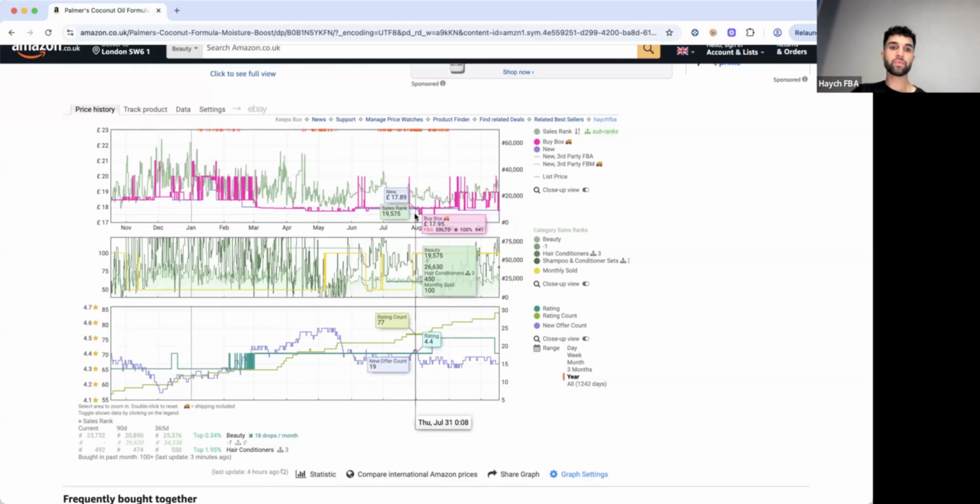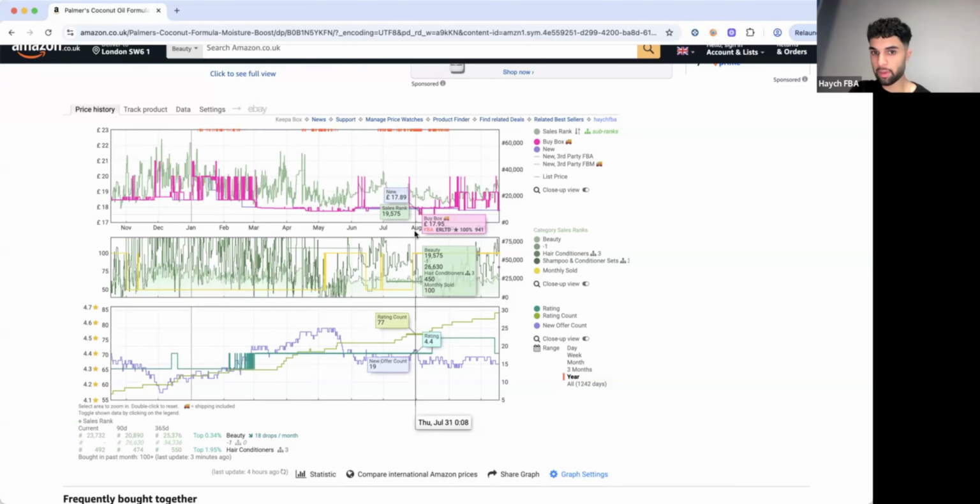I don't care how a listing performs if it's priced £5 above what I'll be priced at. That's not representative of what we'd be getting on this listing. So we need to look at this data and either use historical data to see how our listings will perform, or extrapolate how our listings will perform based on how the listing is performing currently.